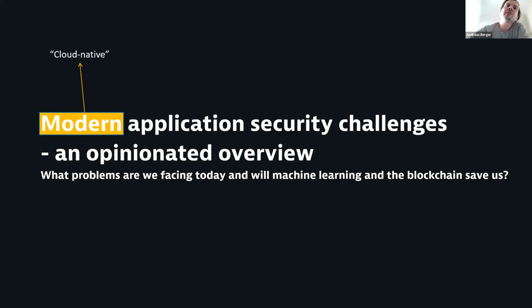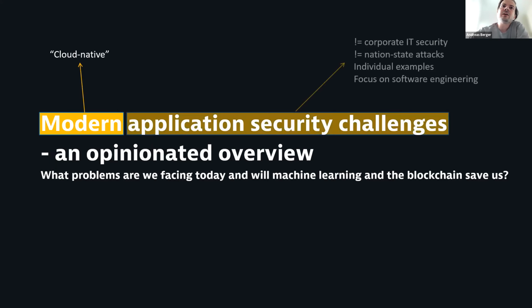So modern, with modern, I mean more or less cloud native. Application security challenges, what are application security challenges in this context? This is explicitly not about corporate IT security. So I will not be talking about phishing scams or all this kind of corporate stuff, Active Directory attacks and anything like that. I also will not be talking about what is called nation state attacks.